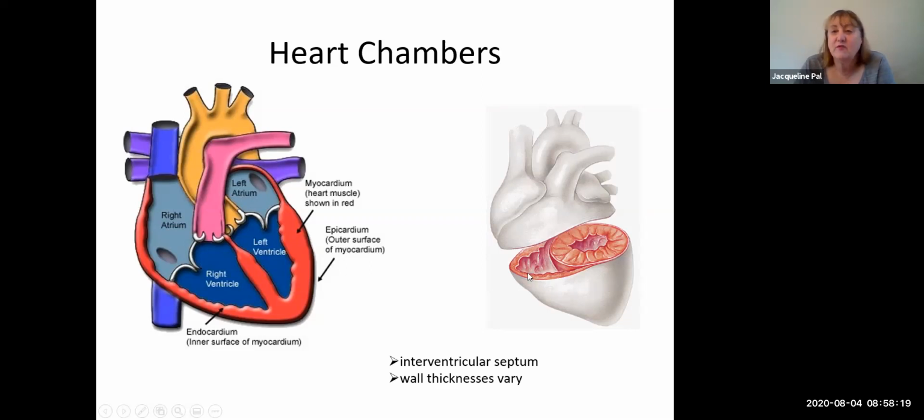The right ventricle, which only pumps to the nearby lungs, is actually pretty thin, but the left ventricle is going to be about 3 times thicker because it has to generate enough pressure to pump that blood to your entire body. Now, in addition to an interventricular septum, we also have an interatrial septum, but it's hidden behind these great blood vessels in the drawing.